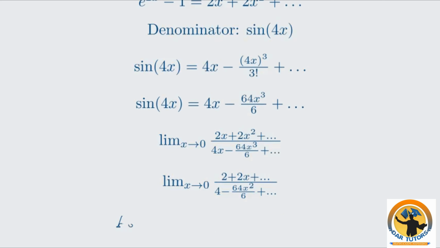We are left with 2 divided by 4, which simplifies to 1/2. This method is often much faster than repeatedly applying L'Hopital's rule, especially for more complex functions.